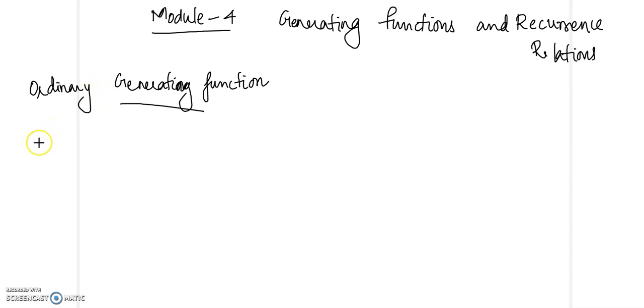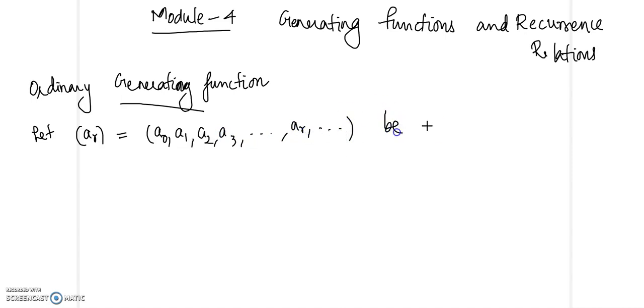Let me denote it by the sequence a_r. So let a_r be a sequence where the terms are a0, a1, a2, a3, etc., a_r, etc., a sequence of numbers.